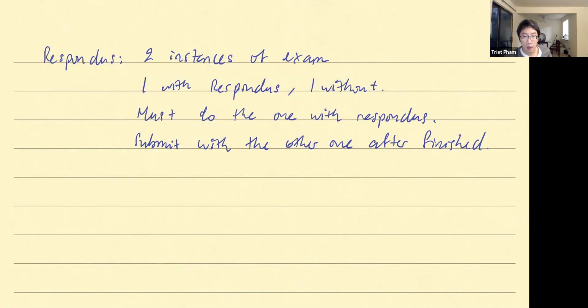Okay, here's the deal. The ones who can open Responders, do you mind sharing your screen for people to see it? I'm going to open up for people to screen share. If like Carl or Jatin, can you show people?